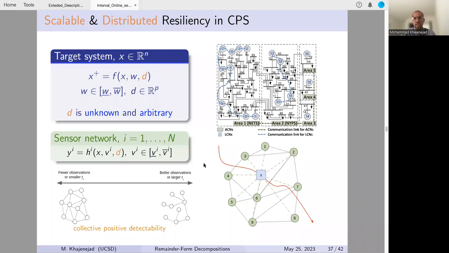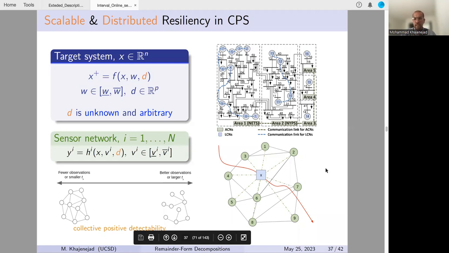Now the question was, can we use some network properties so that these local agents can share their estimates in their local neighborhoods and do some sort of consensus in this set-valued setting, to make sure that after finite time steps they all reach consensus over the estimate of the state of the system, and also that this distributed way of estimation refines the centralized way of state estimation. That was the main question.